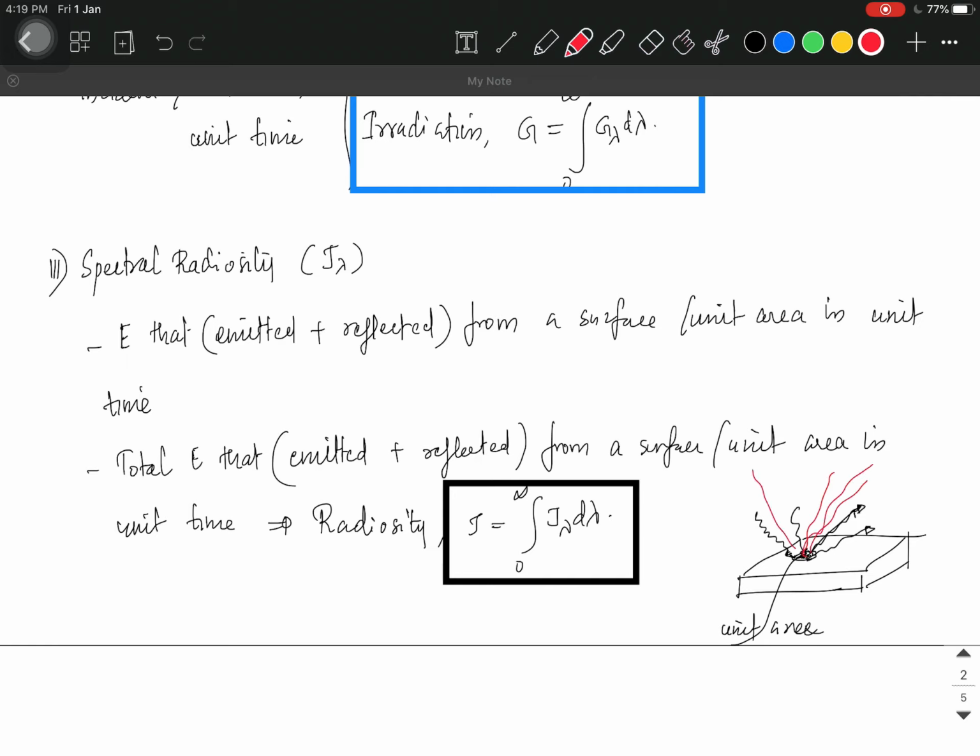So this is emitted and these are reflected and these are incident.